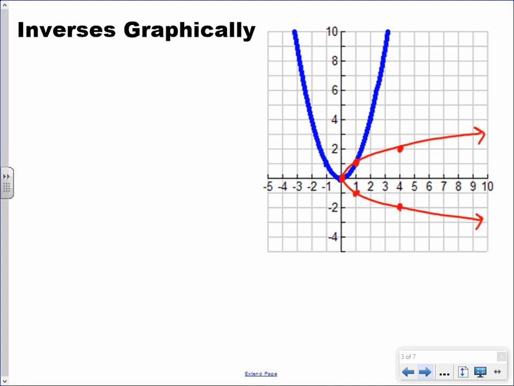Jen said it looks perpendicular, kind of has that effect. If we draw in the line that Jackson was talking about, we have that reflection about the line y equals x, or f of x equals x, however you want to write it.